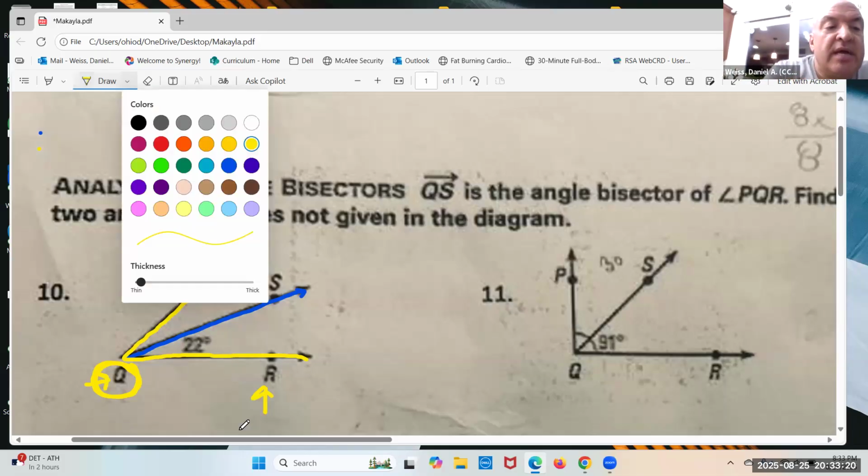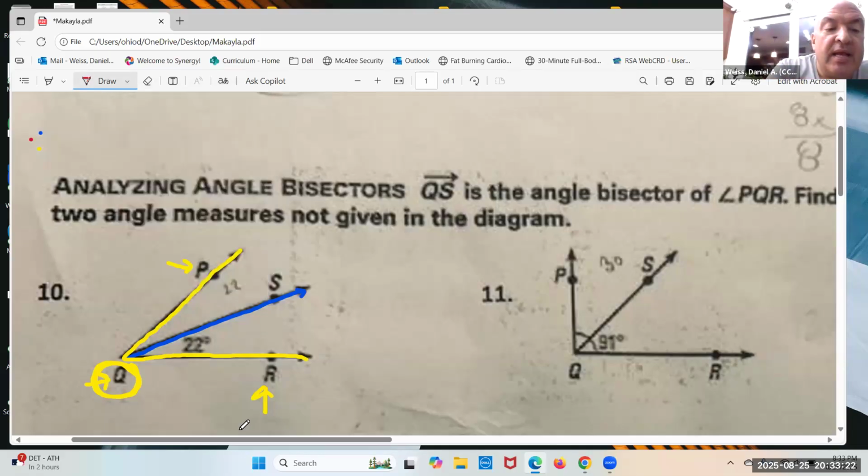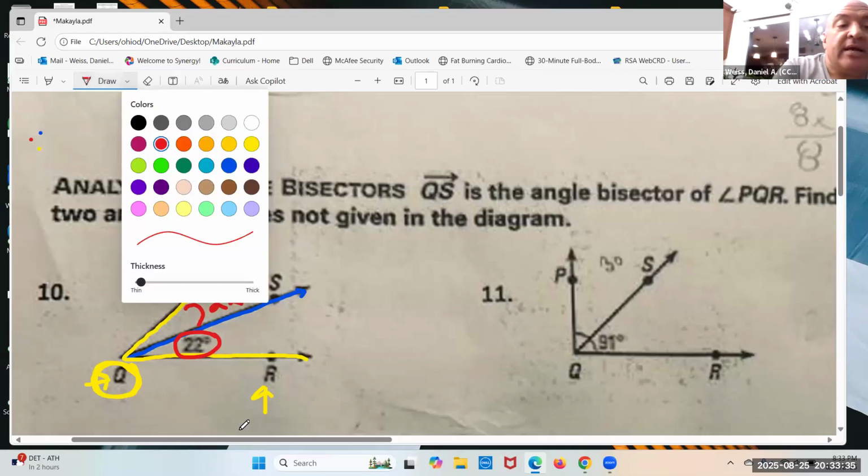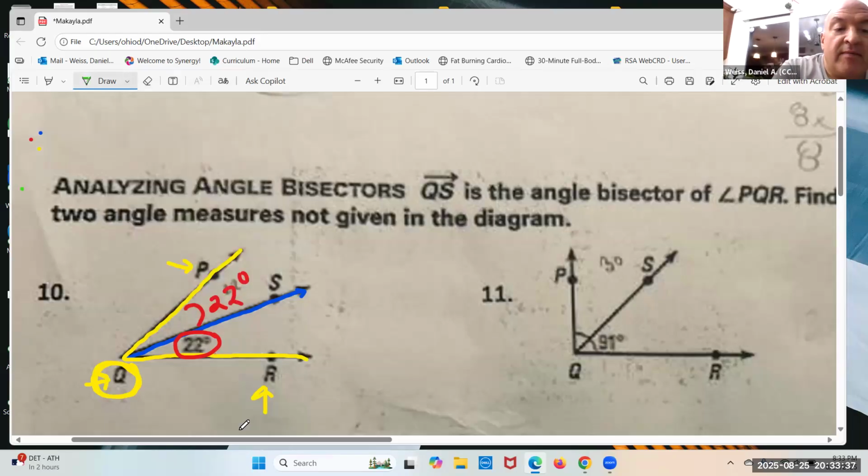So I'm going to just finish here. Since this here is 22, this angle here is also 22. Looks like you wrote that already. But that also means this entire angle, PQR, the whole yellow angle, is 44, because 22 plus 22 makes 44.